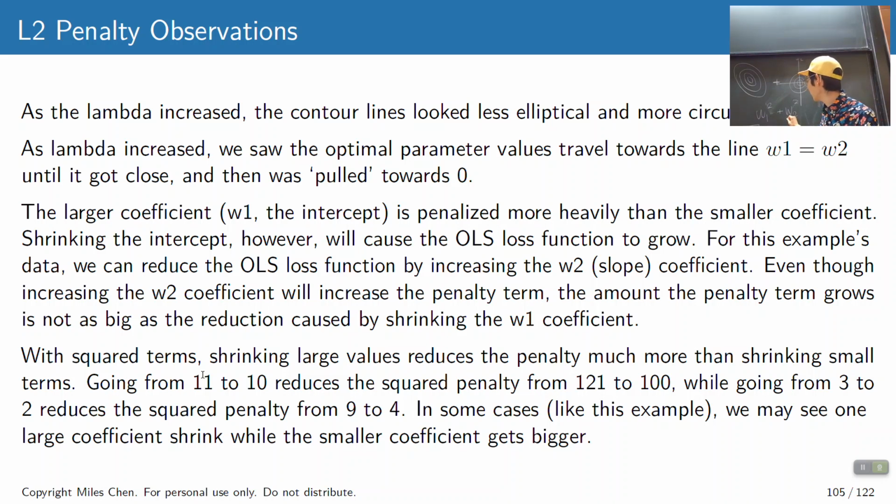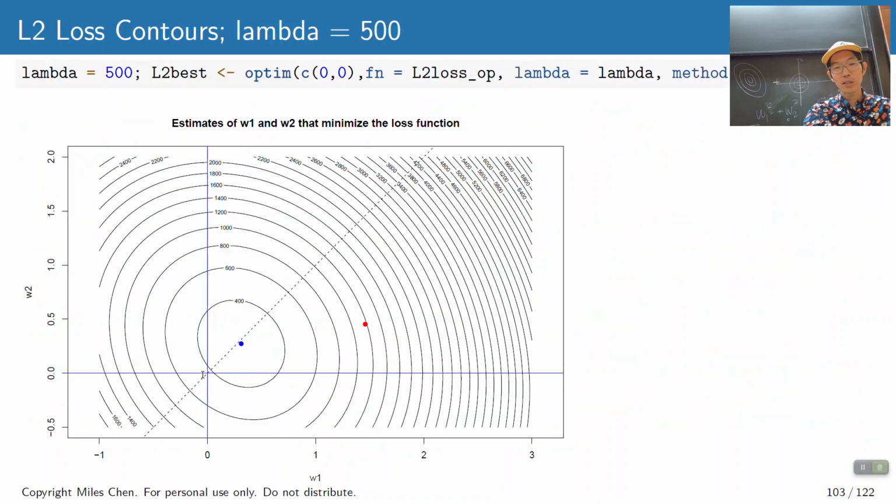Whereas if this is small and you square it, you get this really small thing, okay? And so just like squared residuals hate having any one outlier that's really big, the ridge regression penalty, the W2 penalty, hates any one coefficient that's too big, okay? And so what it will try to do is make the two coefficients more similar in size, okay? And that's what this dotted line here represents.